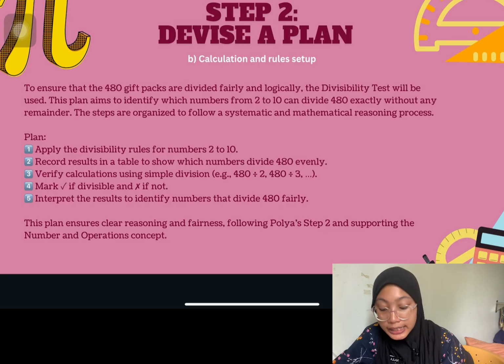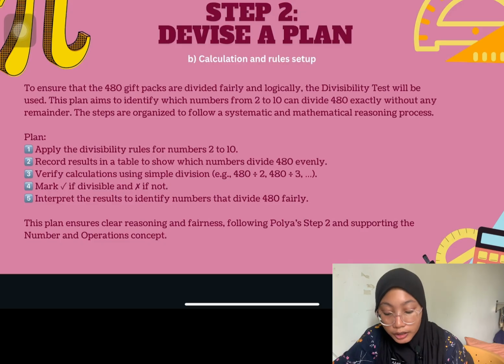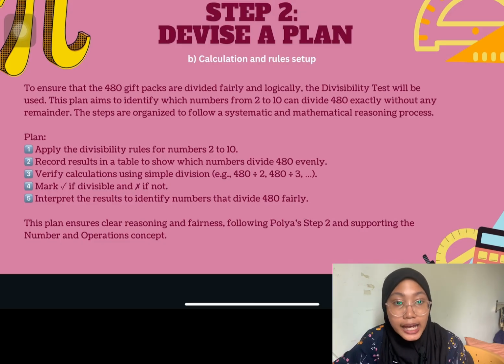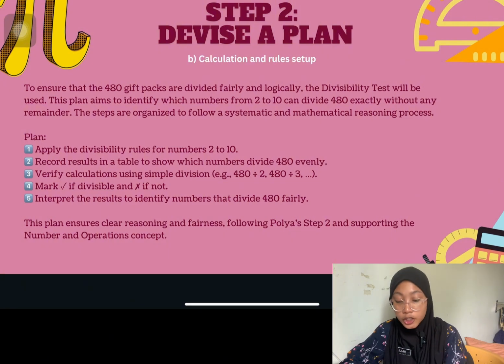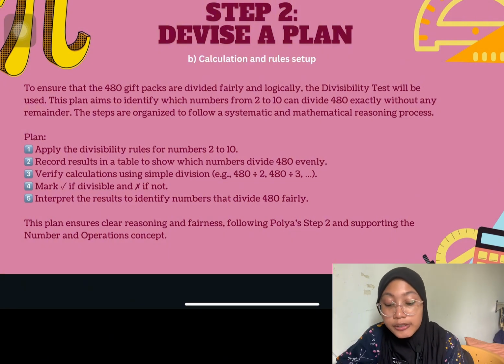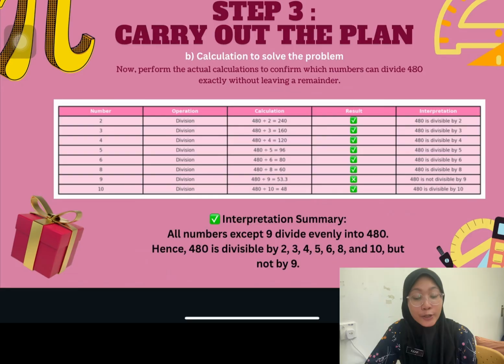The last step is to interpret the result to identify numbers that divide 480 fairly. This plan ensures clear reasoning and fairness, following Polya's step 2 and supporting the number and operation concept. We move to the next slide, which is step 3, carry out the plan.